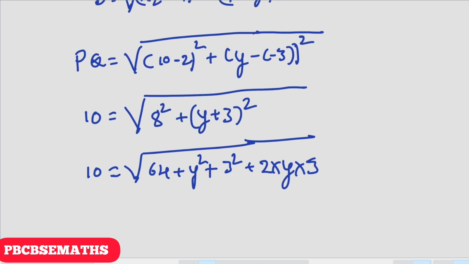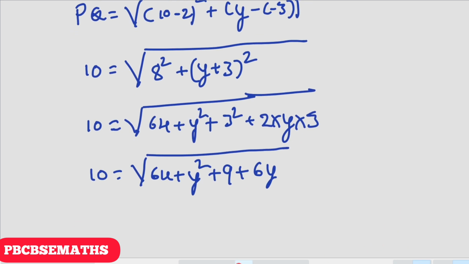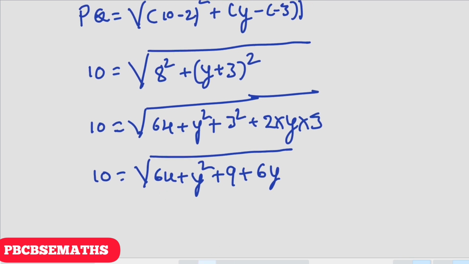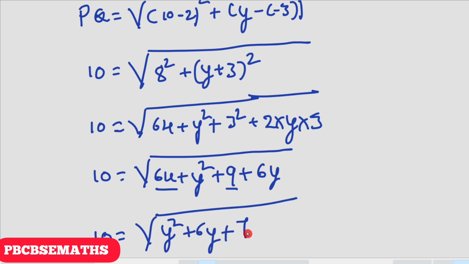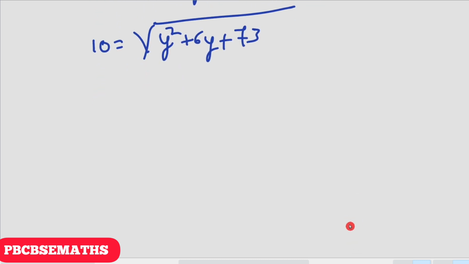Now further simplification gives us 10 equals square root of 64 plus y square plus 9 plus 6y. Now let's add this 64 and the 9. Then we have 10 equals square root of y square plus 6y plus 73.